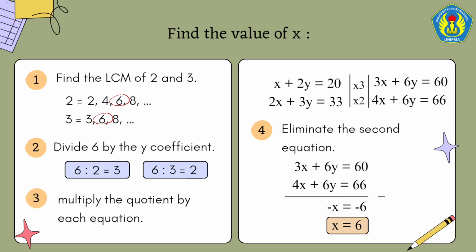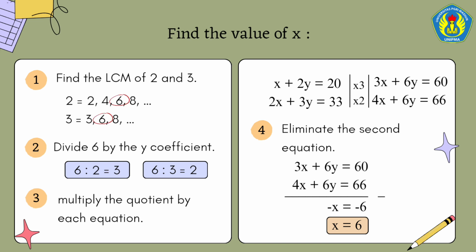Then multiply and eliminate using the result of dividing each equation. x plus 2y equals 20, multiplied by 3. 2x plus 3y equals 33, multiplied by 2.